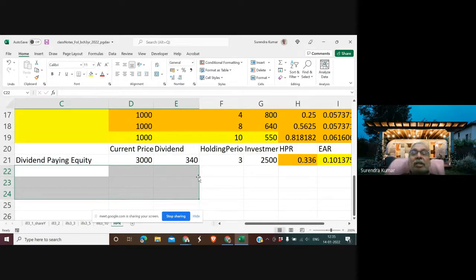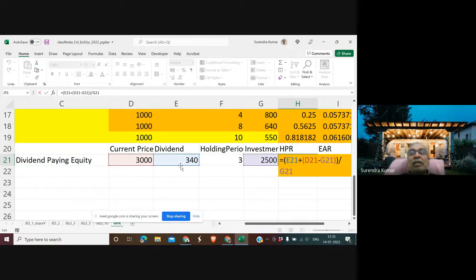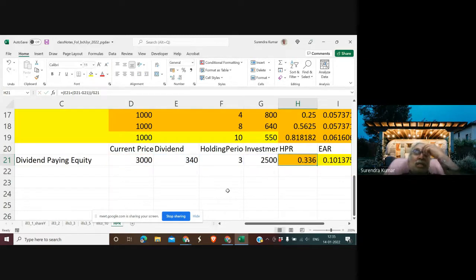Unless the problem in the examination or the problem posed before you specifies something to be done with the dividend, you take this dividend as your returns in the form of dividend. And likewise, you are first calculating the holding period return. So you are taking current price minus the amount of investment plus the dividend, divided by the investment. If I have to write this formula on the whiteboard, how do I write it?